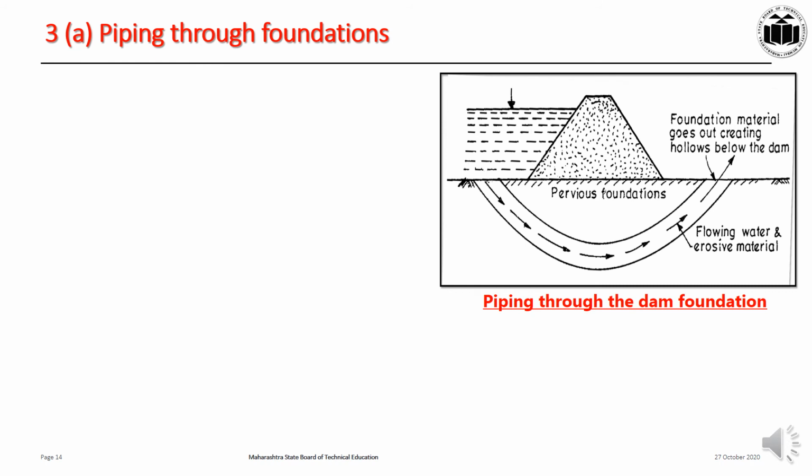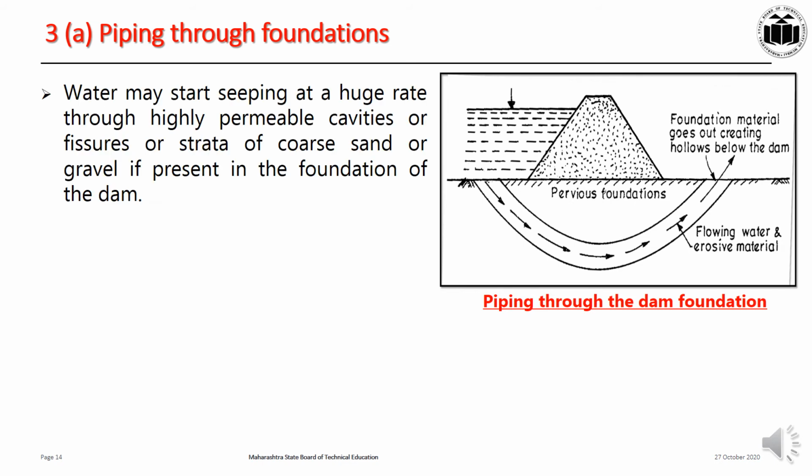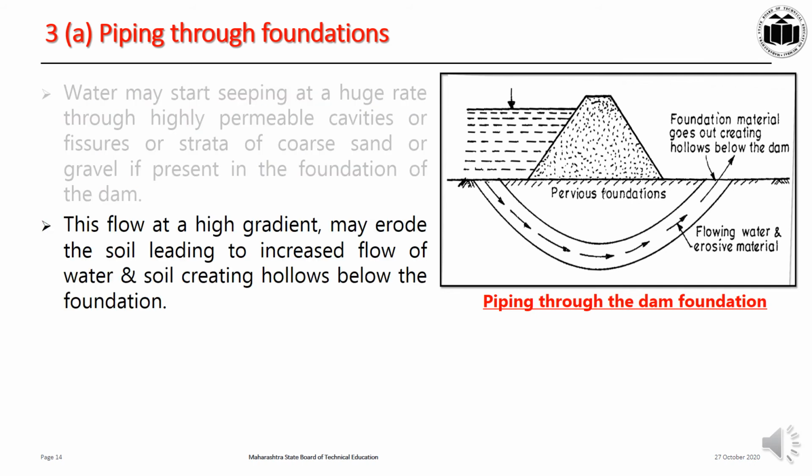First, piping through the foundation, which means vertical seepage. Water may start seeping at a huge rate through highly permeable cavities, fissures, or strata of coarse sand or a cavern present in the foundation of the dam. If there is a leakage of water through the foundation of the dam, then it's called piping through the foundation.